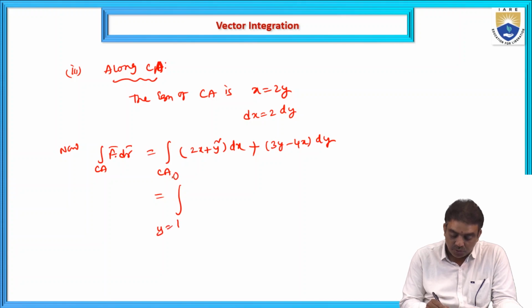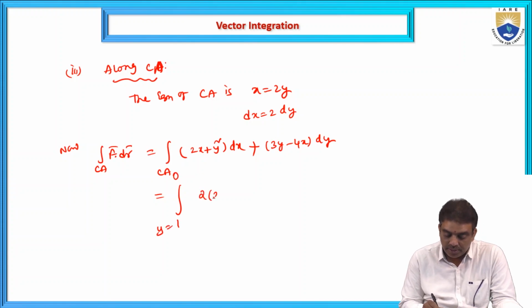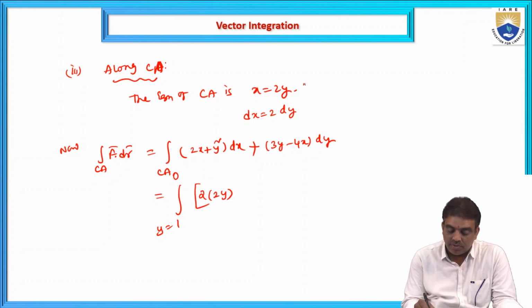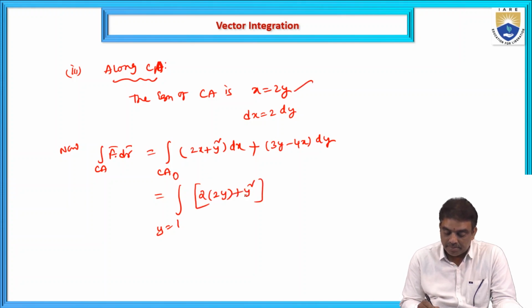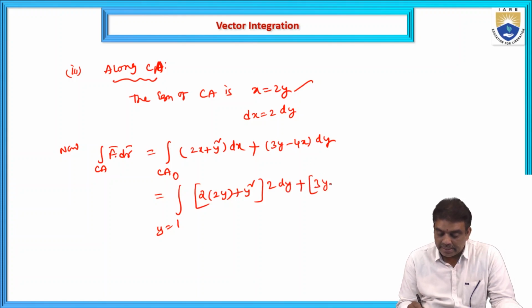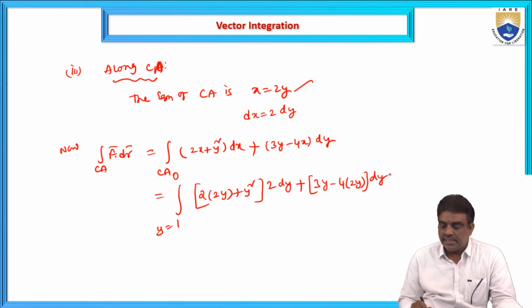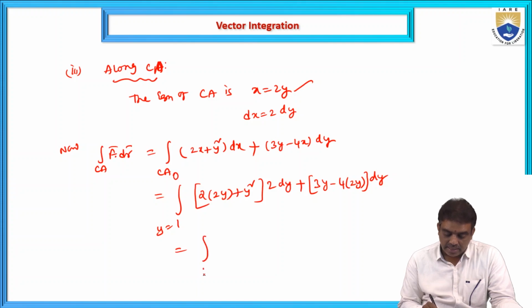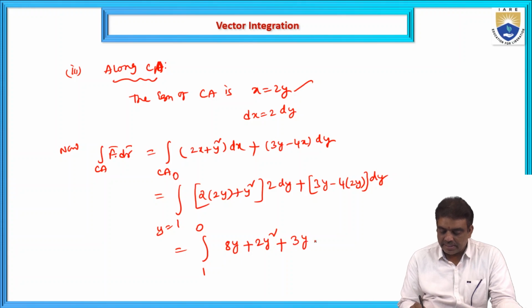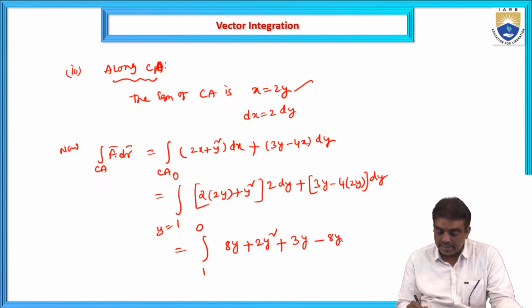Here 2 into x is 2 into 2y, that is 4y, and y square remains the same. dx is equal to 2 dy. Plus 3y remains the same, minus 4 into x, which is 2y, and dy remains the same. It is the integral from 1 to 0 of 8y first term, plus 2y square second term, plus 3y third term, minus 8y, all times dy.